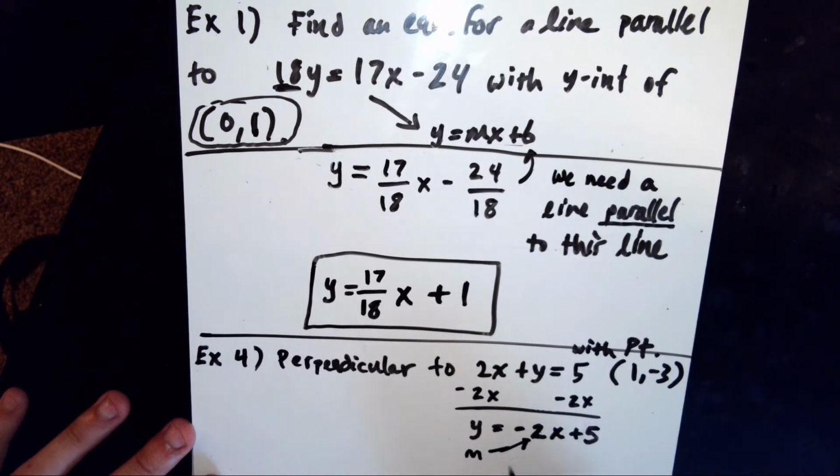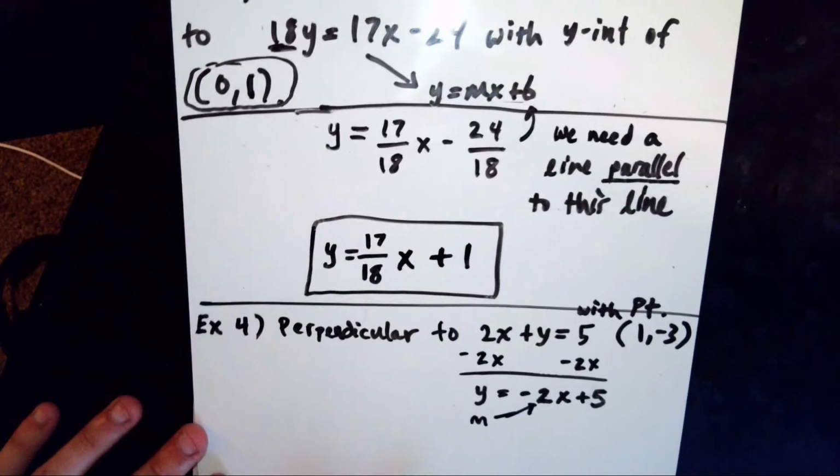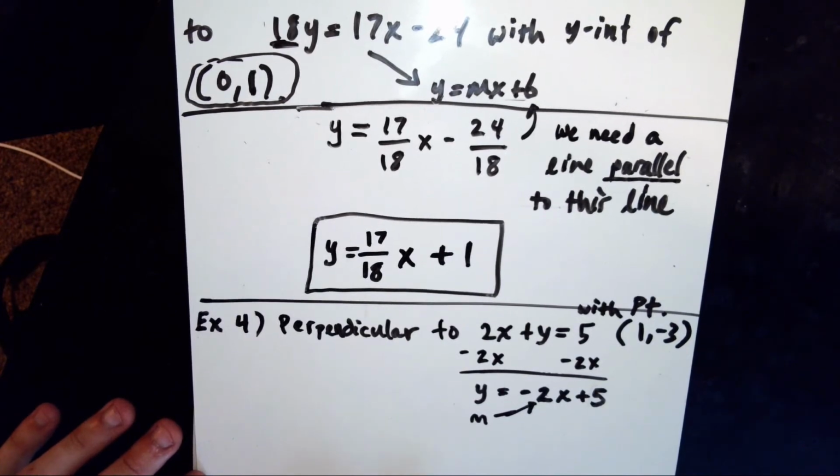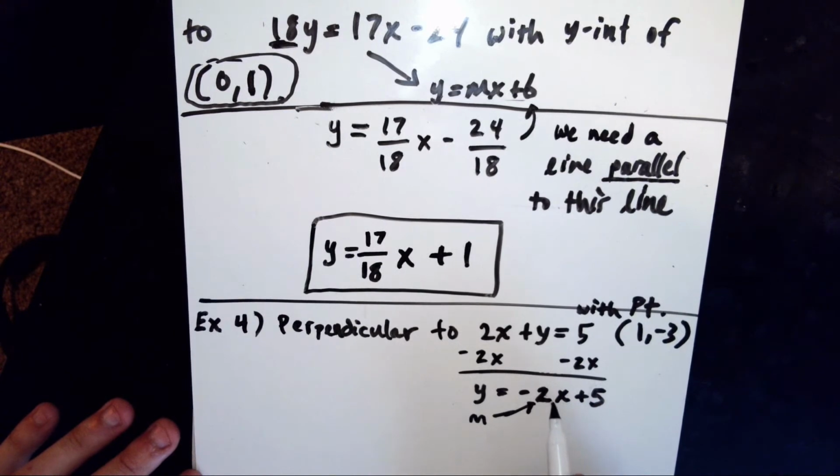M is negative 2. And whatever line we're finding needs to be perpendicular to this line, so it needs to have the negative reciprocal of this as its slope.